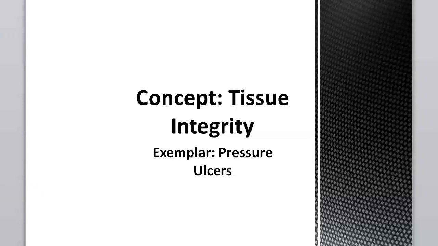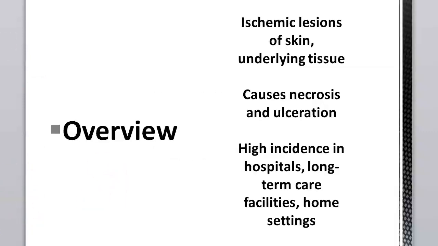So let's first talk about exactly what is a pressure ulcer. A pressure ulcer is an ischemic lesion of skin or underlying tissue. What's happening is, with pressure on that area, when a patient is in that position for a long period of time, it's limiting blood flow through that area, and that's what's causing necrosis and ulceration.